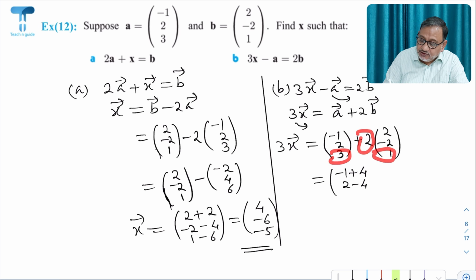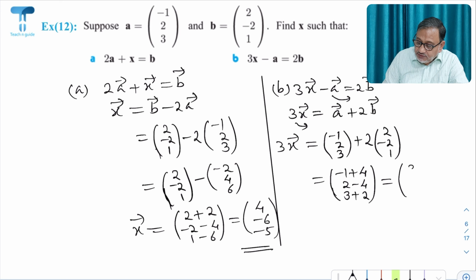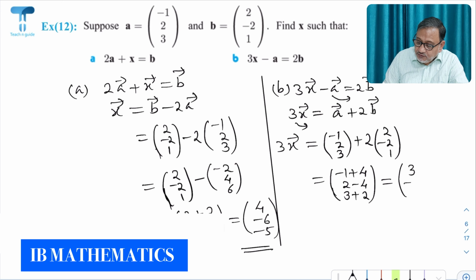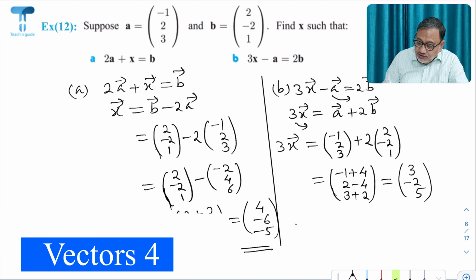So 3 plus 2. Okay. So this is going to give me plus 4 minus 1, 3. 2 minus 4, -2. 3 and 2, 5. So therefore now X I can write 1 by 3.